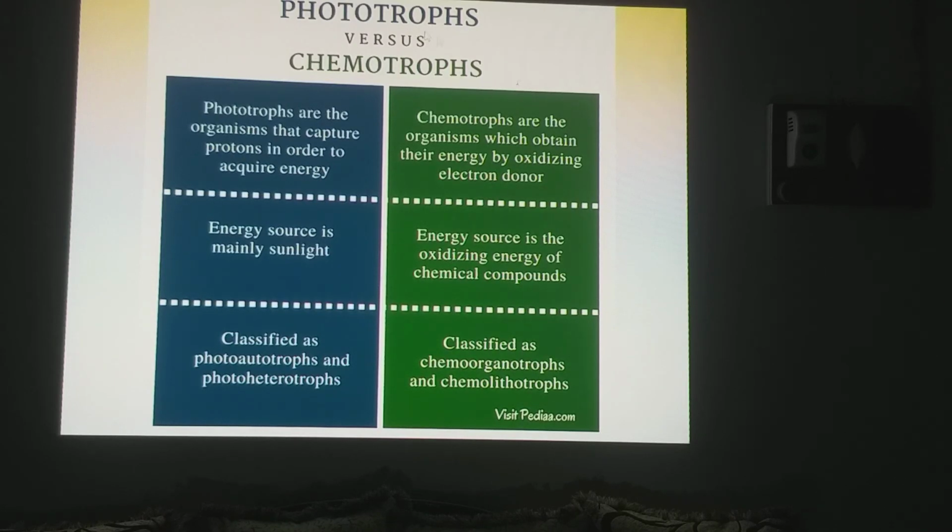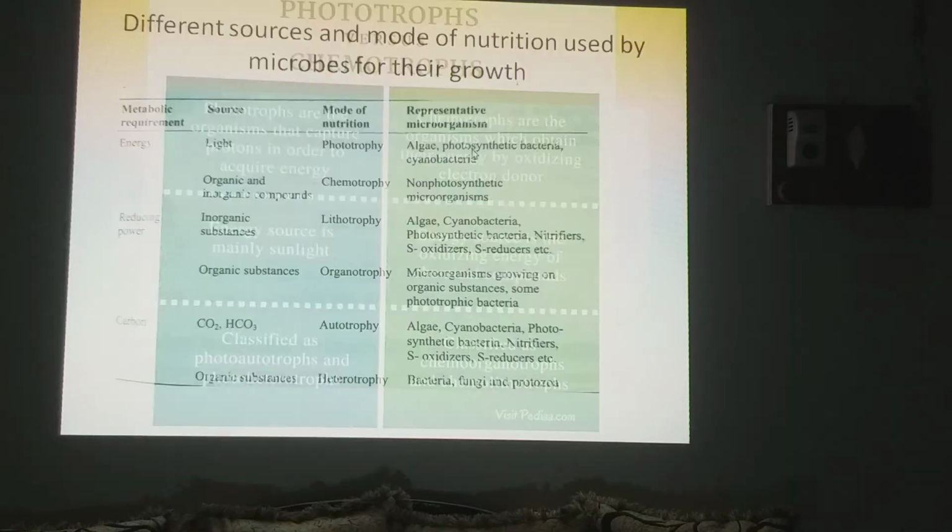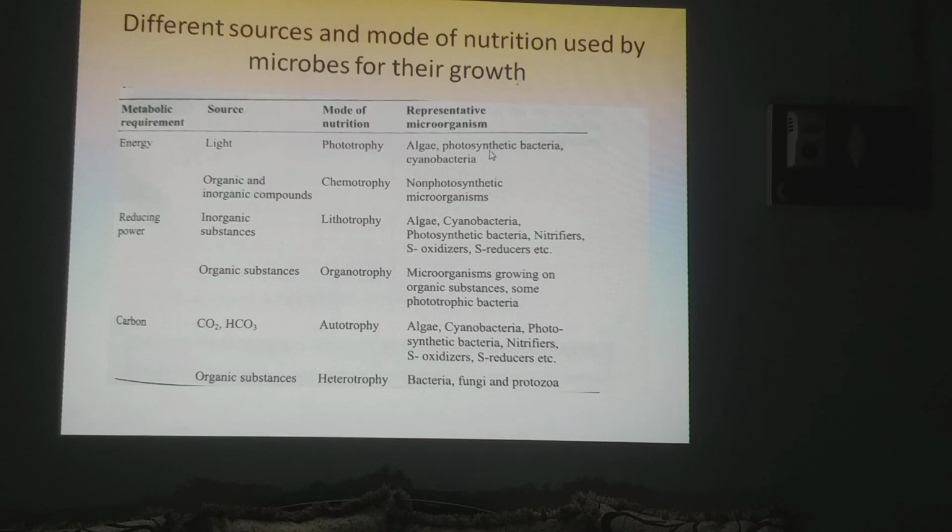Here again, I have tried to prepare their differences. In the blue color chart, you can learn about the phototrophs, whereas in the green color chart, you can learn about the chemotrophs. Just read, and then go through the links which I will provide at the end of the slide. Here are some differences I want to explain.